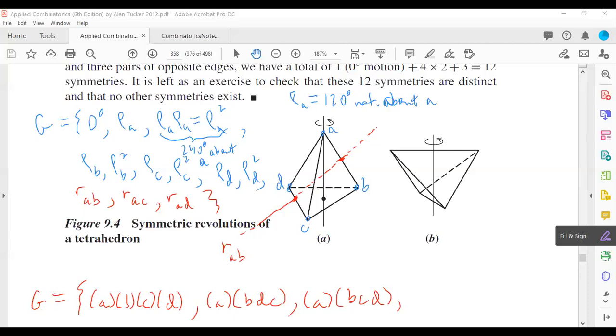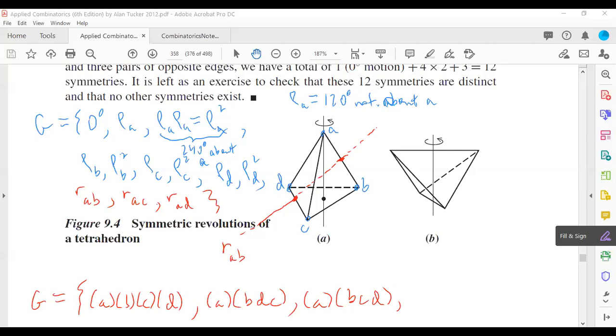And by the way, there's going to be a lot of other things, but do you see that they're all going to be a 1 cycle followed by a 3 cycle? You guys see that? There's going to be a bunch of 1 cycles followed by 3 cycles.